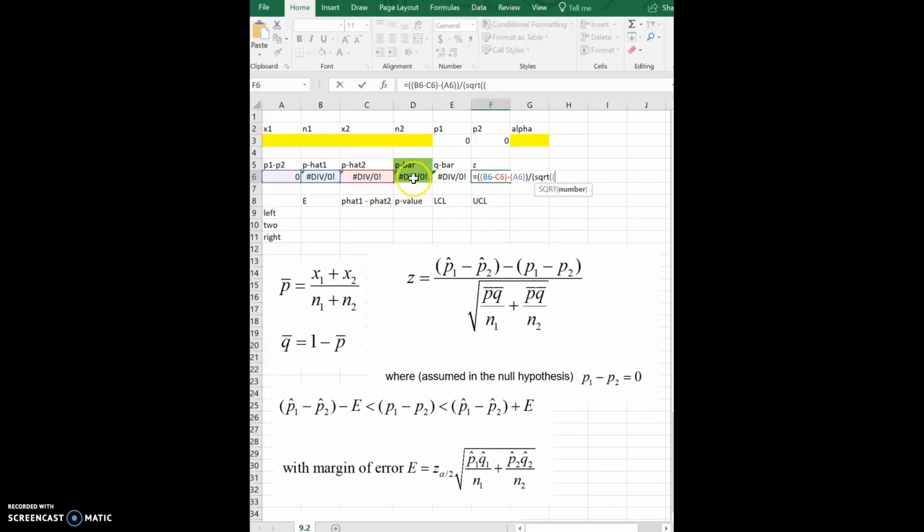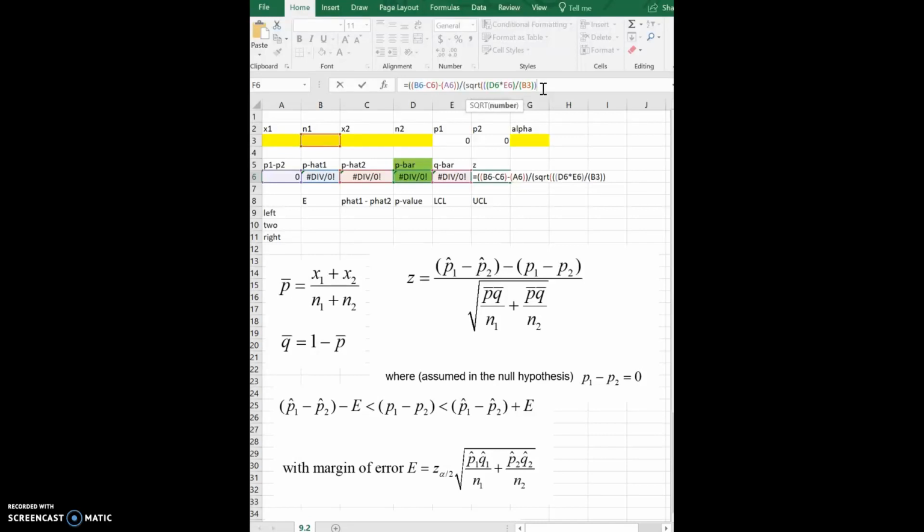And then we're going to close, and I'm actually going to throw in another set here because this part's being added to something else. So I'm going to do plus open parenthesis, P pooled times Q pooled, divided by n1 because that's our denominator.